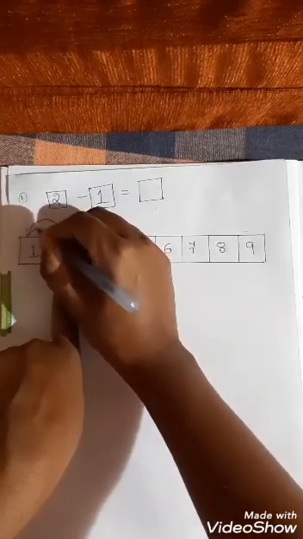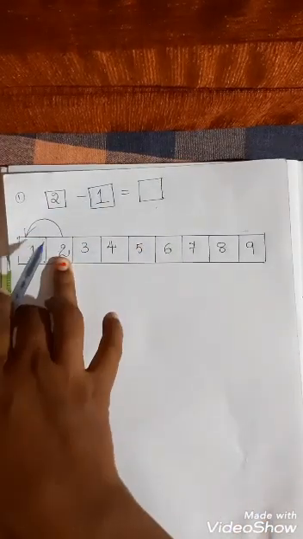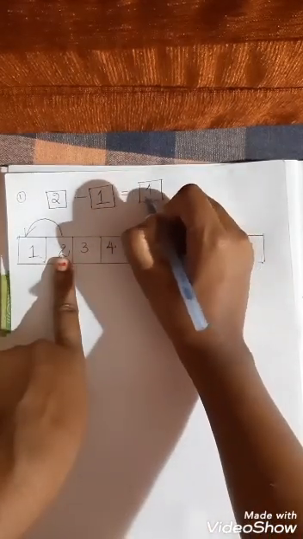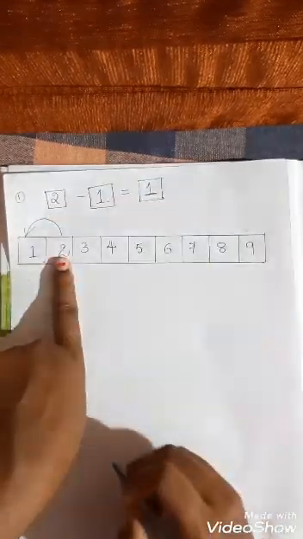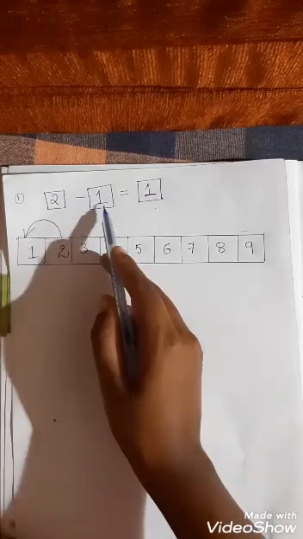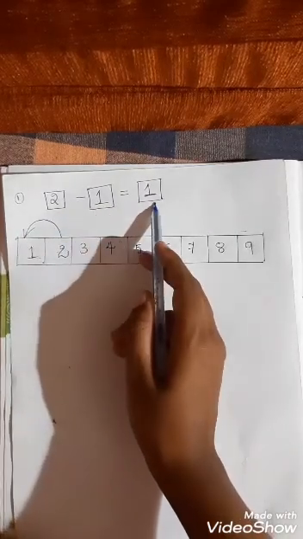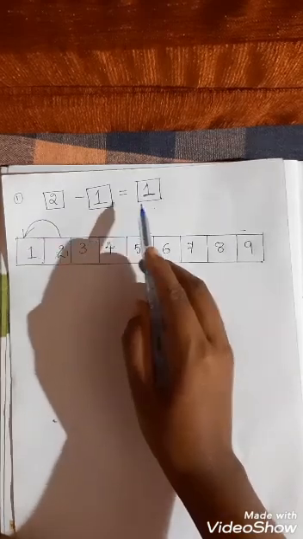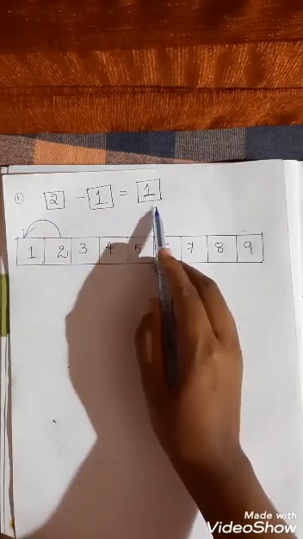Then you will reach at number 1. So answer will be 1. How to read this? 2 minus 1 equals to 1. When you remove 1 from 2, you will get answer as 1.